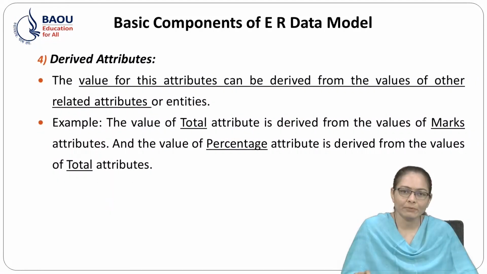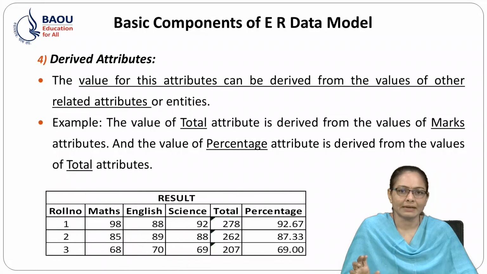Now the next is derived attributes. The value for these attributes can be derived from another attribute or other related entities. For example, in the figure, the result table has a roll number, marks of math subject, English subject, science subject, and total and percentage are the attributes of the result table.